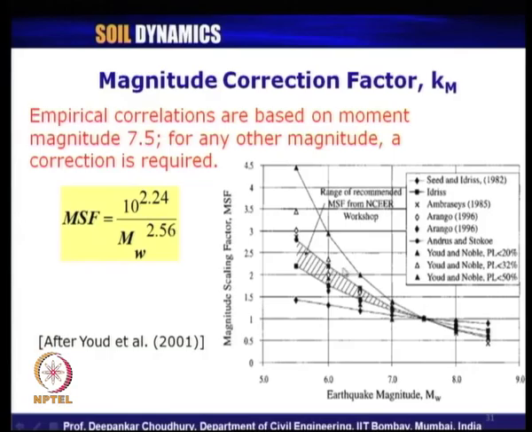This is the range of recommended MSF from that NCEER workshop, which has been finally proposed in terms of this equation as given in this paper by Youd et al 2001. That is, MSF or Km can be calculated as 10 to the power 2.24 divided by MW to the power 2.56. So, whatever be your MW, that particular earthquake magnitude, that will give you the value of magnitude correction factor Km.